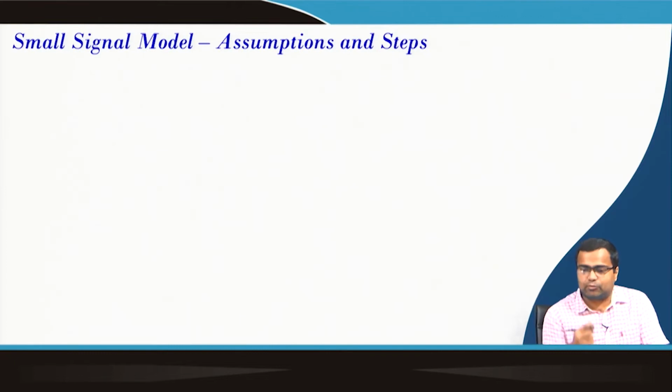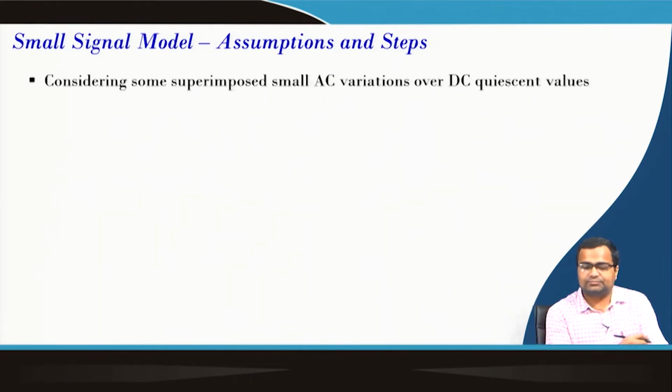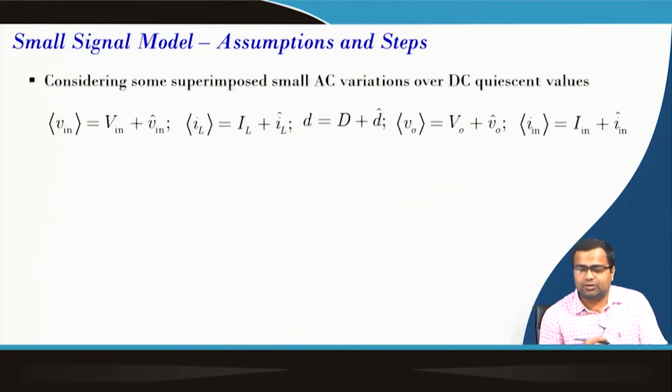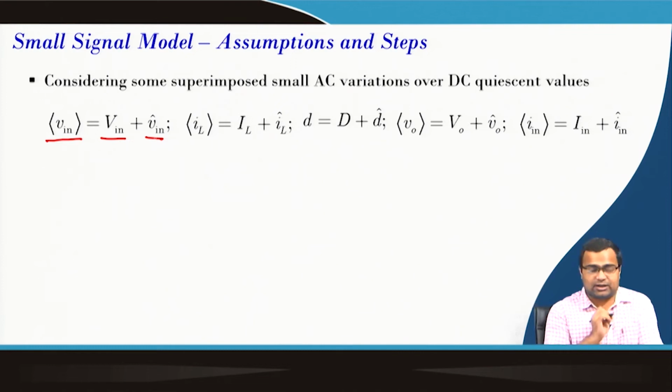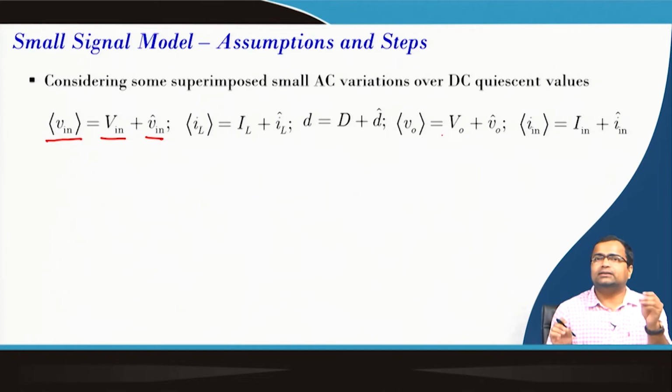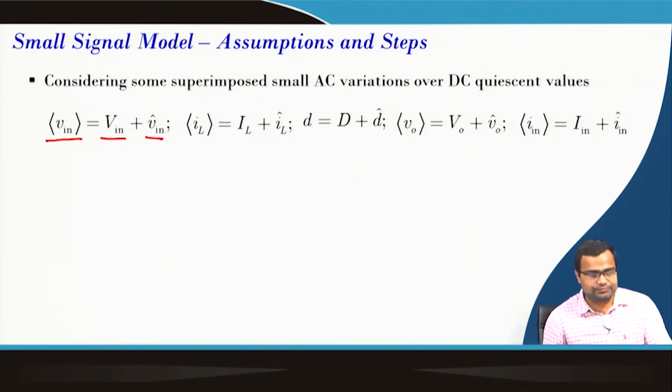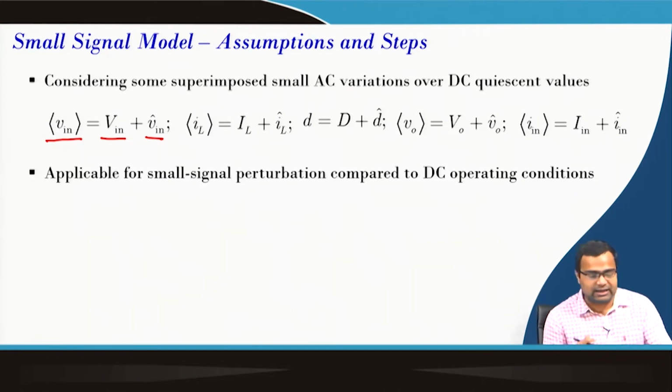Now, the small signal model assumptions. If we consider the average quantity to be replaced by the DC term and the AC part for all parameters, and we did this process in state space averaging also, then what can we write?